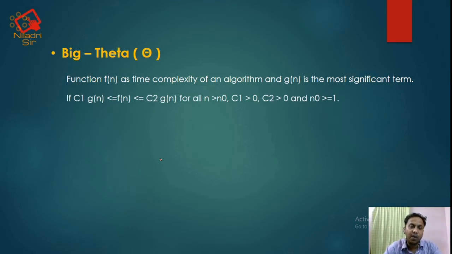If C1 g(n) is less than or equal to f(n), and f(n) is less than or equal to C2 g(n), for all n greater than n0, and C1 greater than 0 and C2 greater than 0 and n0 greater than or equal to 1, then we represent f(n) as theta of g(n), okay.